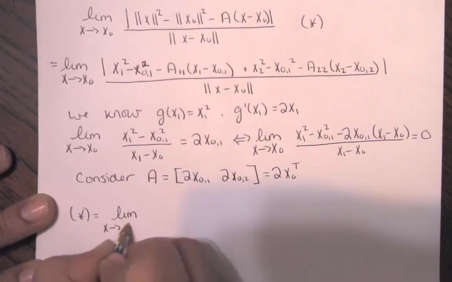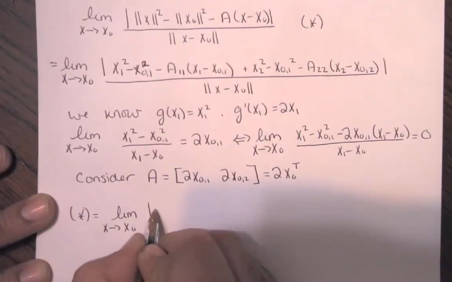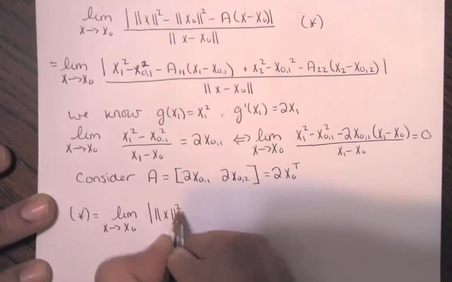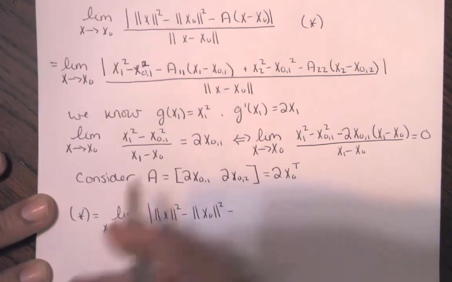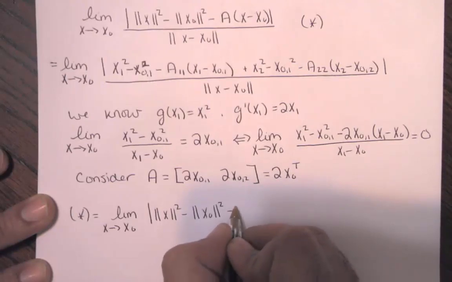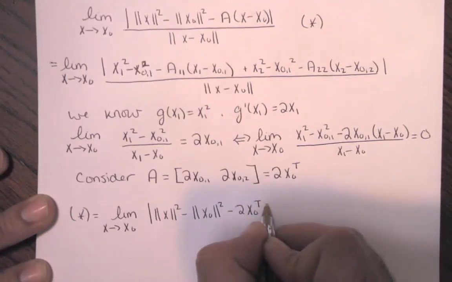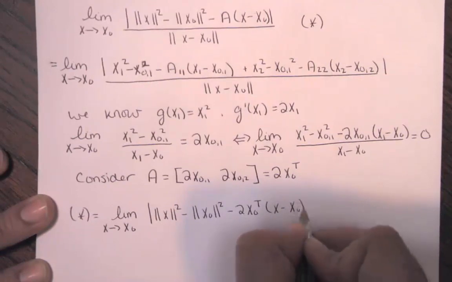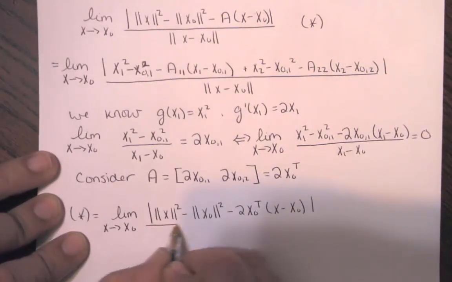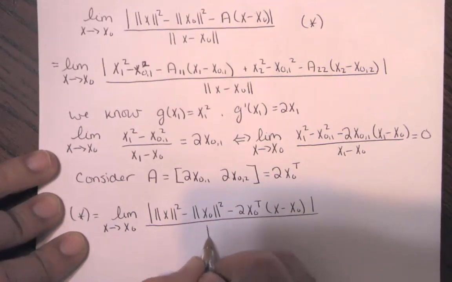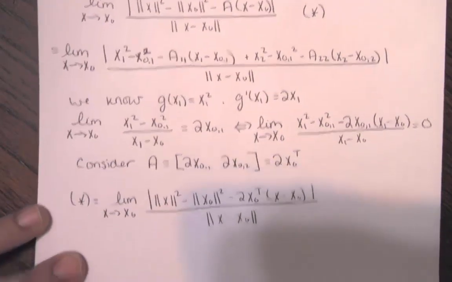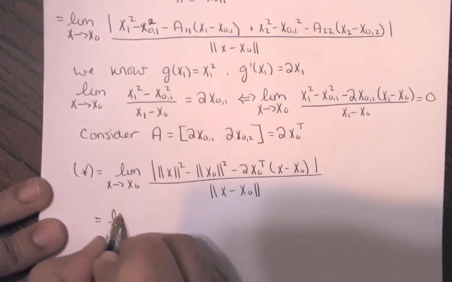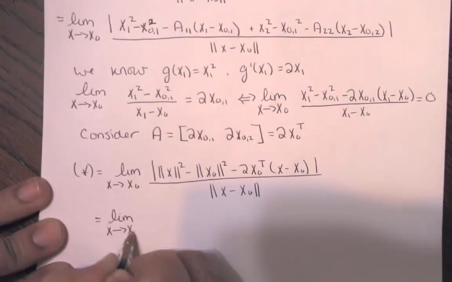The limit as x approaches x naught of the norm of x squared minus the norm of x naught squared minus, now I'm going to use A is equal to 2 x naught transpose, times x minus x naught, divided by the norm of x minus x naught.